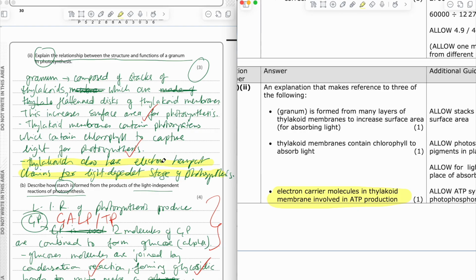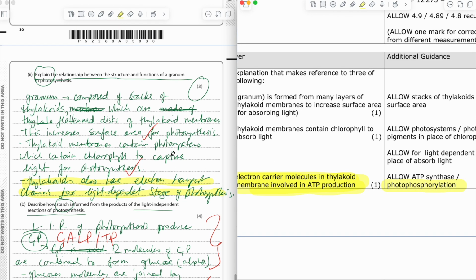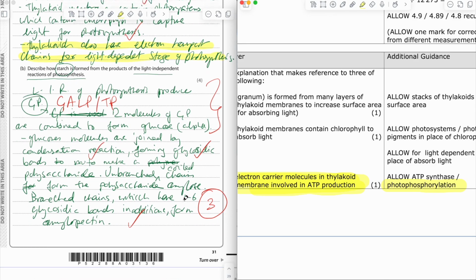I thought that might have been a bit extra, but I had to say that their role is in ATP production or photophosphorylation. That would have been fine, but I just didn't go that little extra bit. I said light-dependent stage, but not specifically ATP production or photophosphorylation.